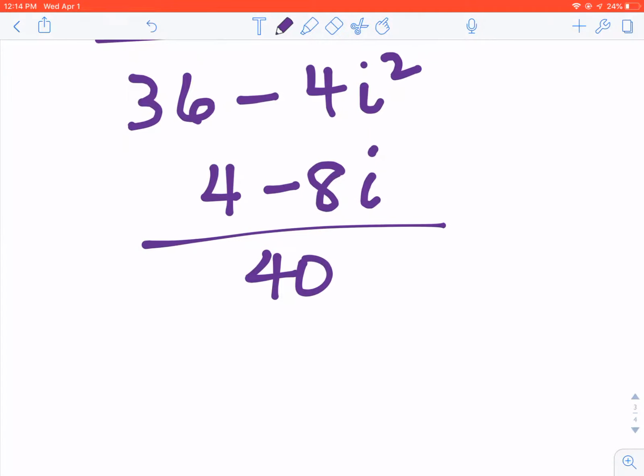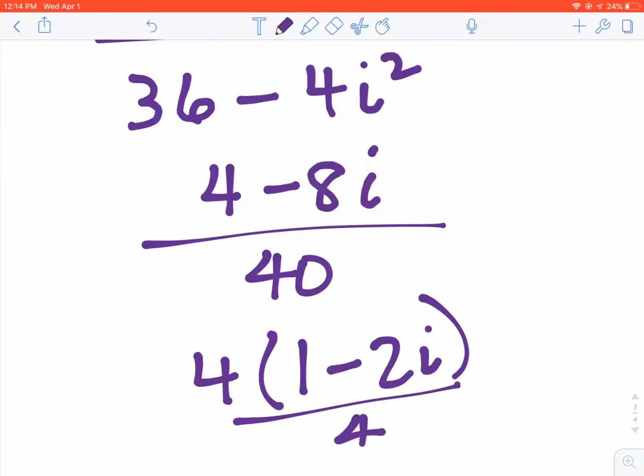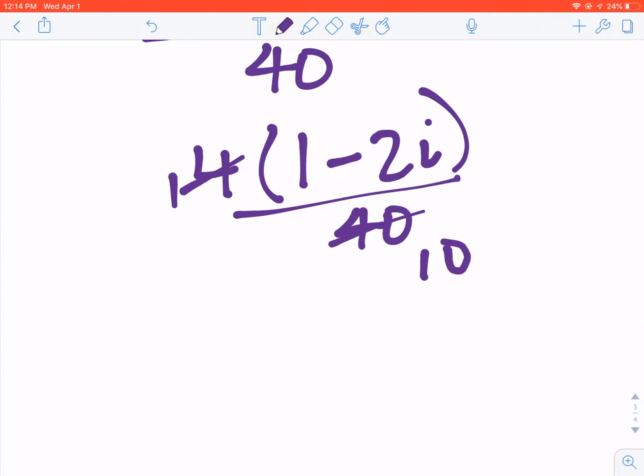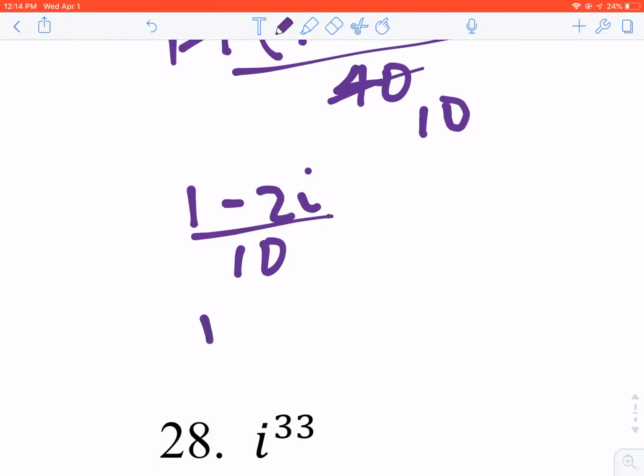And now I'm going to factor out a 4 in the top. So I have 4 times 1 minus 2i, all over 40. So then I can cancel this as a 10 and this as a 1. So I have 1 minus 2i over 10. But probably that was written as 1/10 minus 1i over 5.